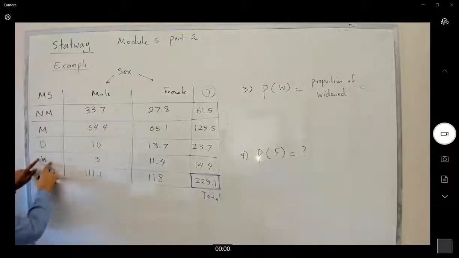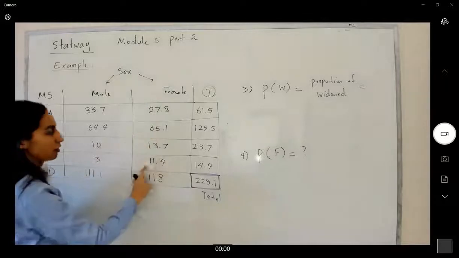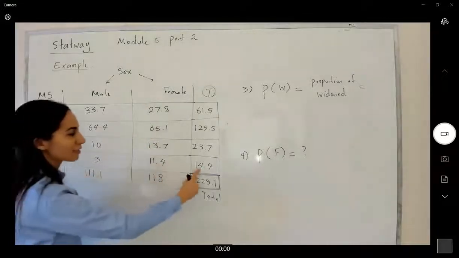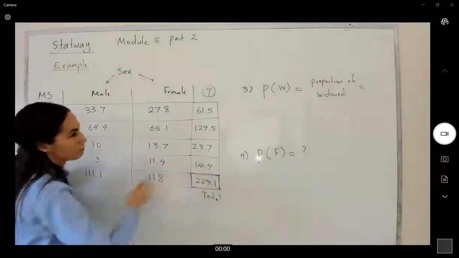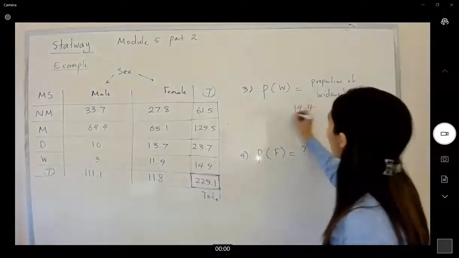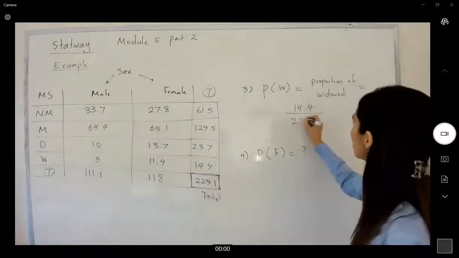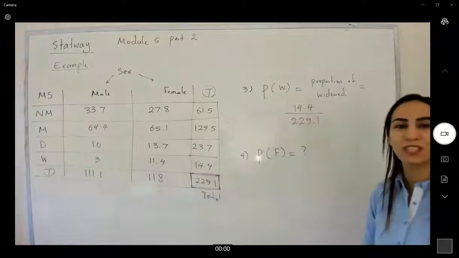So how many widowed do we have? Male 3, female 11.4 million, and the sum is 14.4 million. So 14.4 out of how many? The total is 229.1.